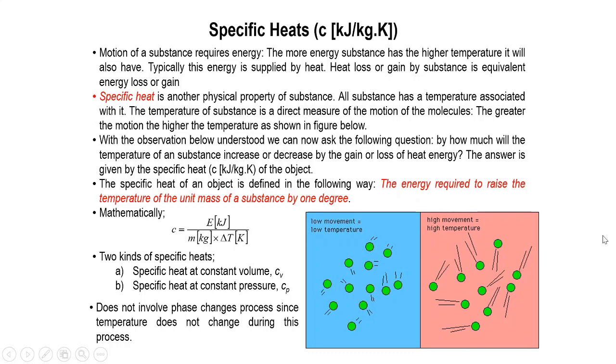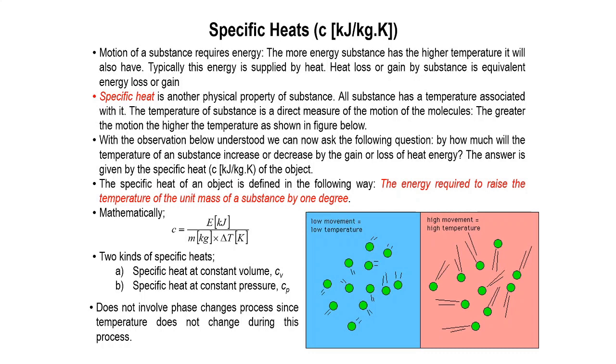So with the observation below, we can now ask the following question: by how much will the temperature of the substance increase or decrease by the gain or loss of heat energy? The answer is given by the specific heat of the object.